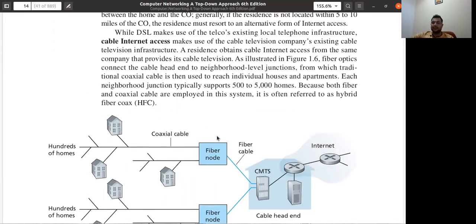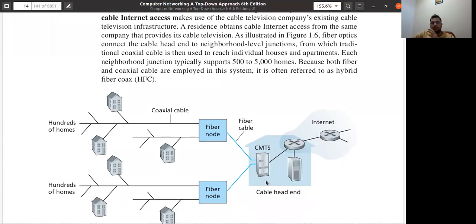In case of cable internet access over the same wire, you have both video upstreaming and downstreaming, as well as data upstreaming and downstreaming. So there must be some sort of differentiator. That differentiation or splitting will be handled at the fiber node, and at the main end, where all the subscribers are connected at their central office. So this must be done somehow through CMTS.